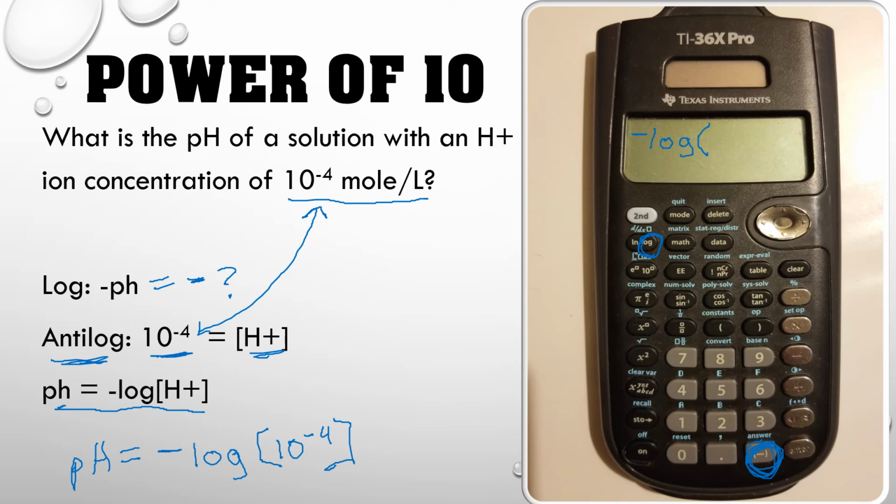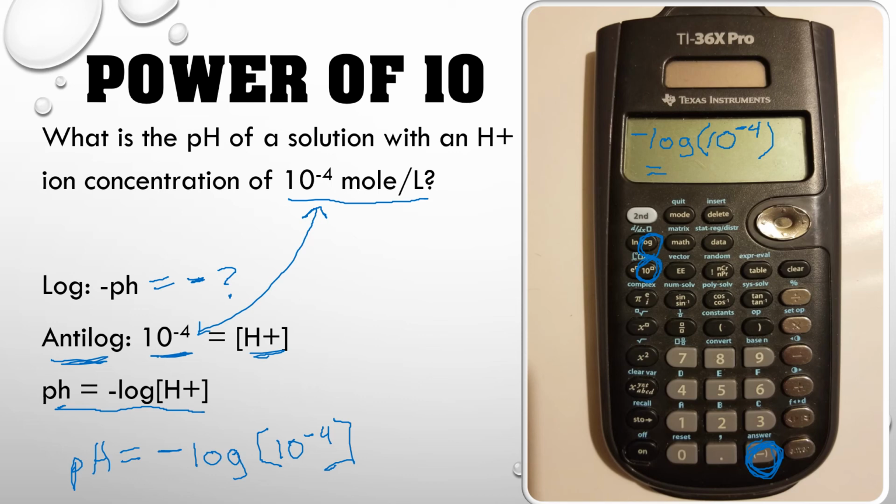And then you want to put in 10 to the negative 4. Right here underneath the log button is a 10 to the exponent key, and you also have to hit that twice. So 10, and then it gives you the option to enter the exponent, and you do negative 4. And then you just hit equals. So let me put that up on my calculator.